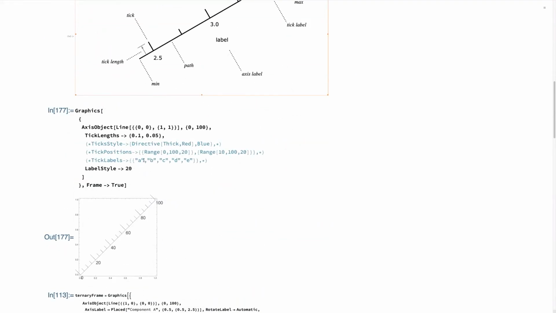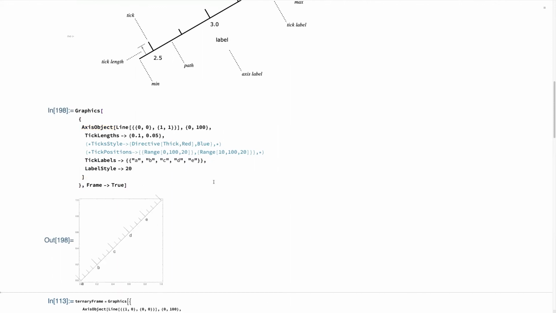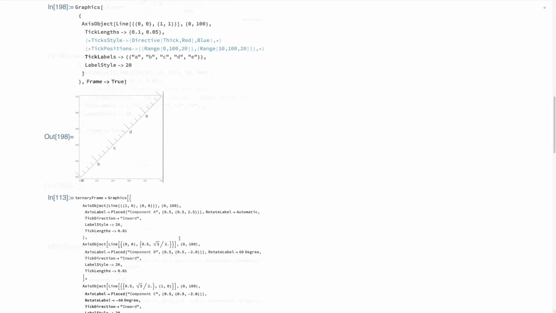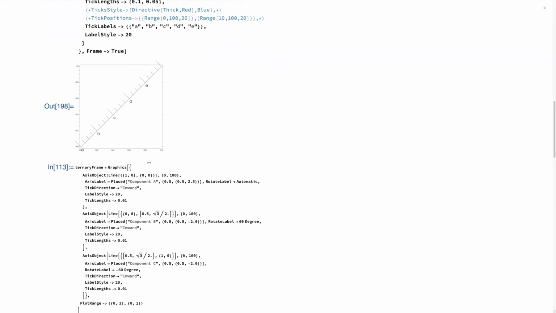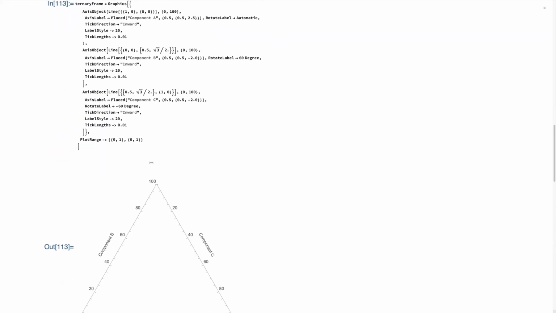And here is just an example of how you can specify all different options individually. So I'm just going to try this one. And you can change the tick labels easily. You don't need to specify all other options to change the labels. And with this capability, we can now easily generate a framework for a ternary plot.